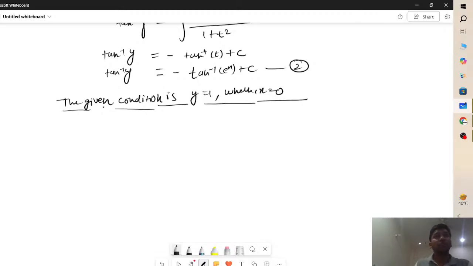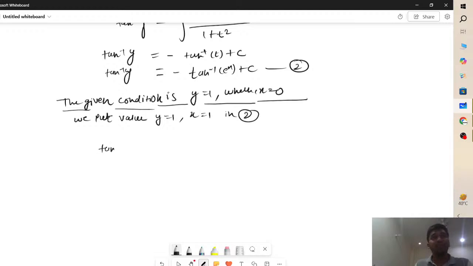How to proceed? So what we do, we put the values y equals 1, x equals 0 in equation 2. What we get?